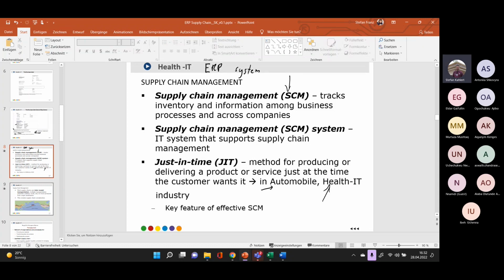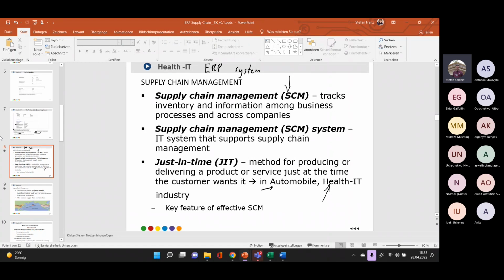This means, for example, if you have a part or IT request, or parts for a certain car in a repair station, which you need very quickly because you're just repairing something, then you need just-in-time delivery.